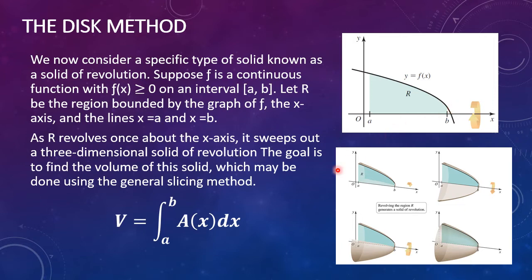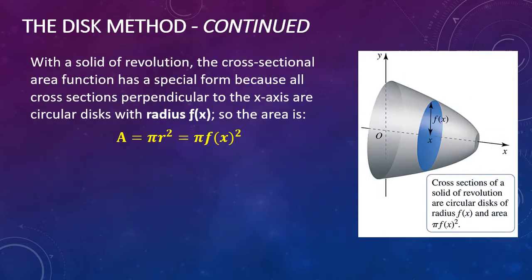Now we have our volume formula here, and remember what we're looking for in terms of the area is the area of that slice. And when you have a solid of revolution, the cross-sectional area has a special form because all cross-sections perpendicular to the x-axis, as you can see in the diagram here, are circular discs or circles with a radius of f of x, right?